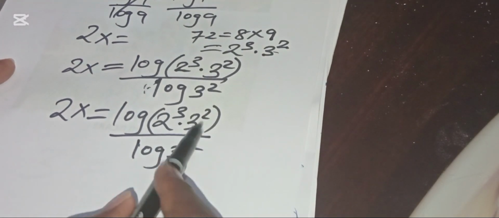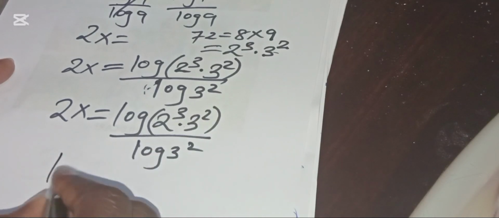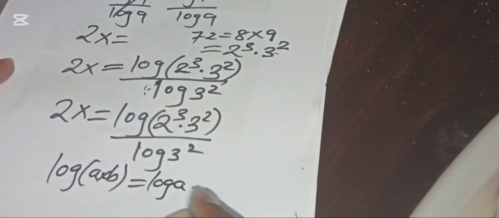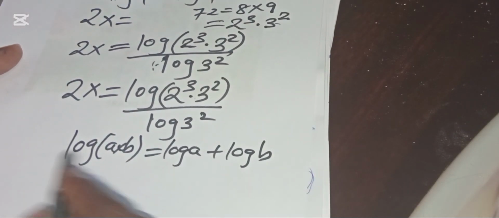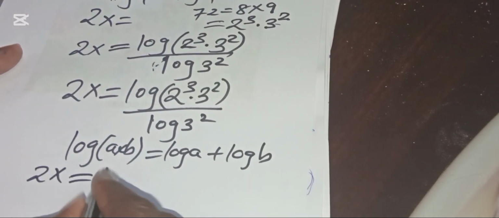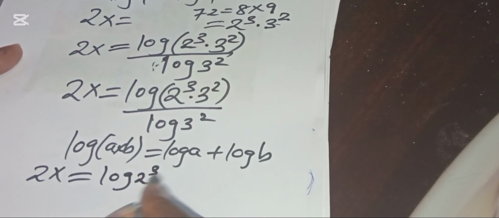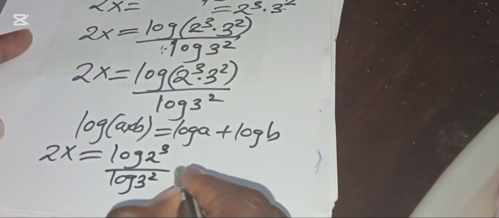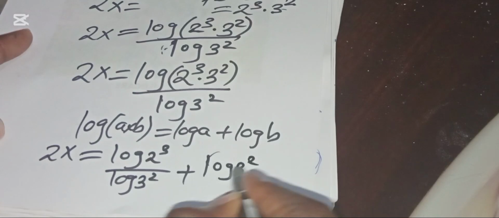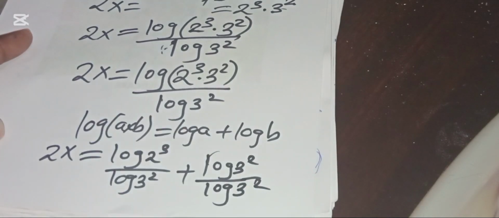Now, log of 2 to power 3 multiplied by 3 to power 2 is in the form of log a times b, which is log a plus log b. Applying this property, 2x is equal to log 2 to power 3 divided by log 3 to power 2, plus log 3 to power 2 divided by log 3 to power 2.